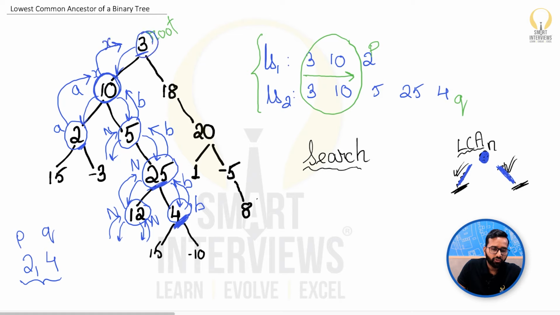Now for this node, we got X from the left side. As of now, it doesn't know that we have found the LCA. So it will continue searching on the right side. When we search on the right side, in this entire subtree, we will not find either X or Y, that is either P or Q will not be found in this subtree.